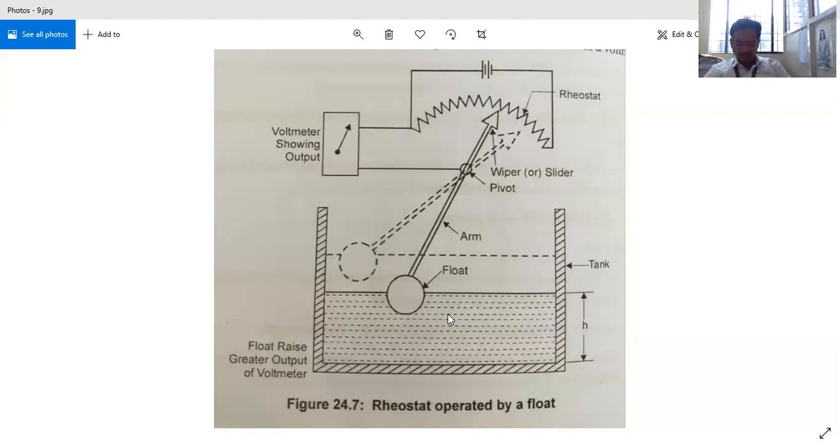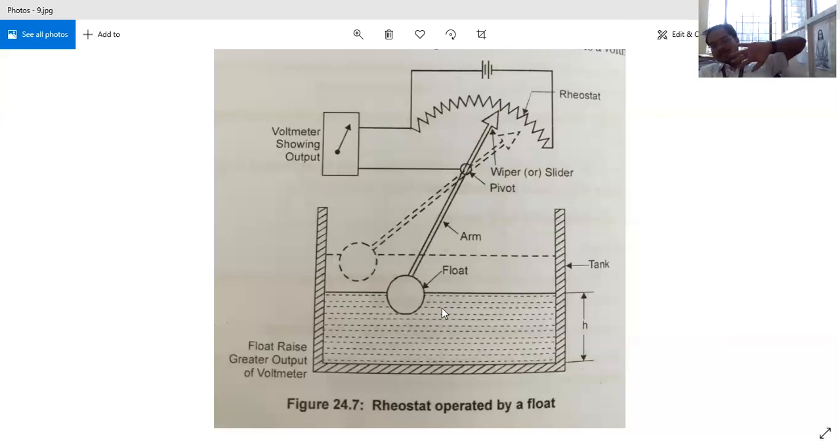Now coming to the application, when controlling and monitoring of liquid level in the tank is to be done from a control room situated at a distance, at that time this method is applied. When I want to sit far away from this place, this voltage recording can be done by increasing the length of these wires.